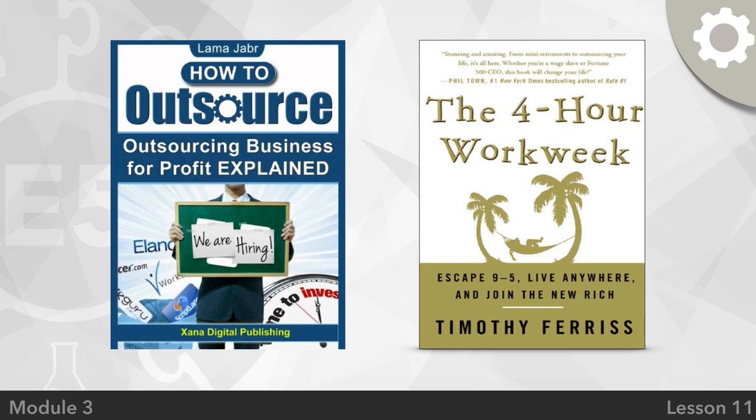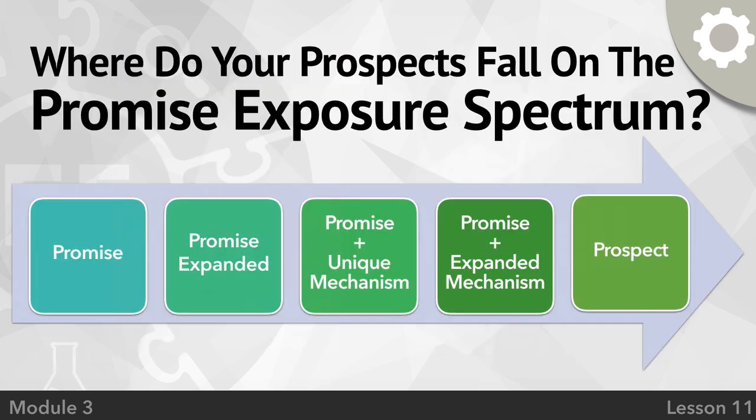Now, I want you to understand that at the foundation of developing your big idea, it stems from the promise exposure spectrum. You've already seen this, and I've already explained this to you in a prior module, in a prior lesson. But what I want you to understand is that the idea behind your marketing funnel, behind your marketing campaign, must match the stage on the promise exposure spectrum where your prospects fall.